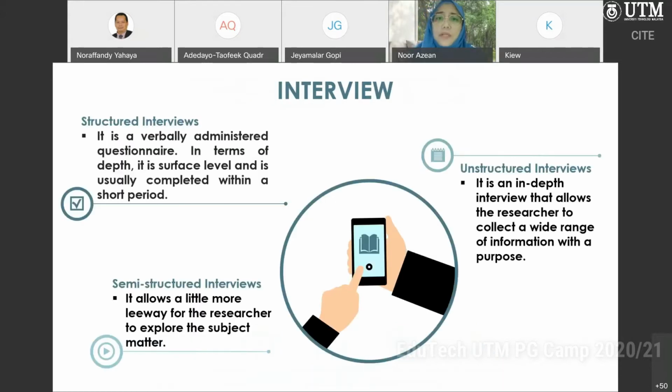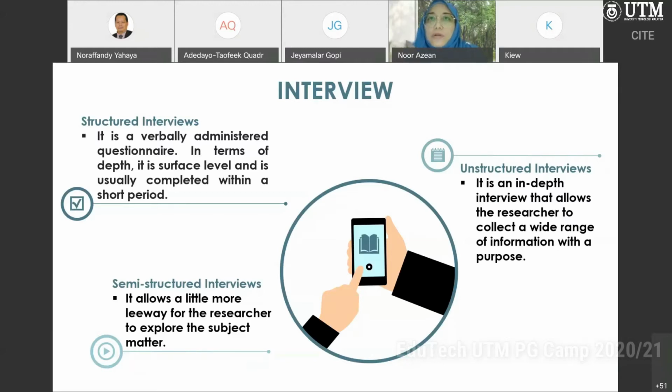So more about the interview. We have three types of interview. Sometimes we don't bother about structured, semi-structured, unstructured interviews. But for me, I am really concerned about the interview. Okay, it's because if you look back at the structured interview, simply put, it is a verbally administered questionnaire, right?